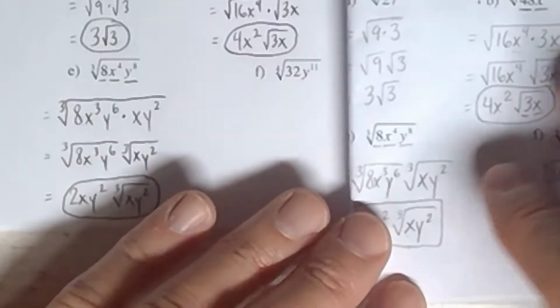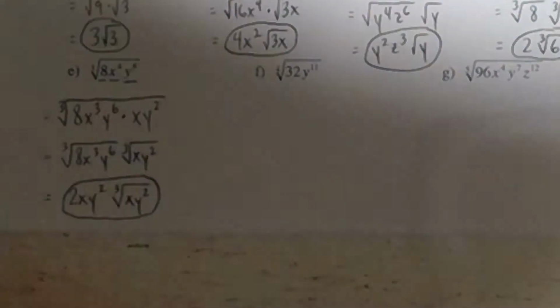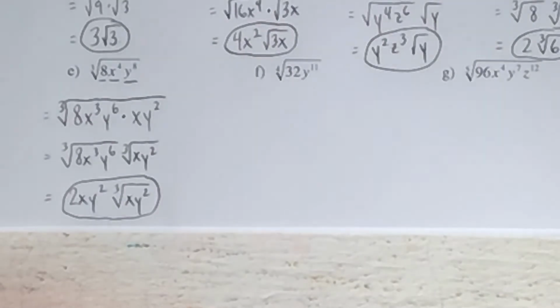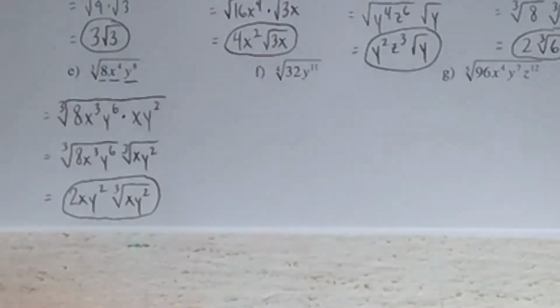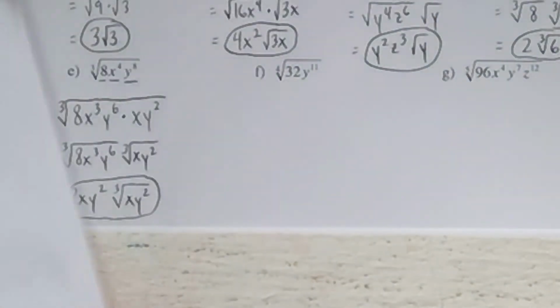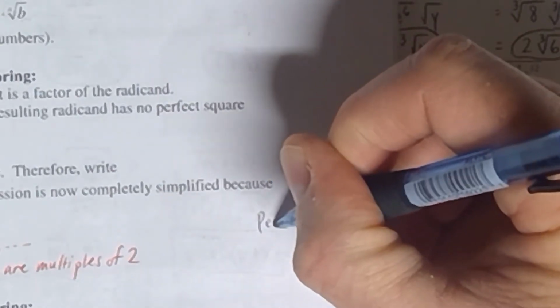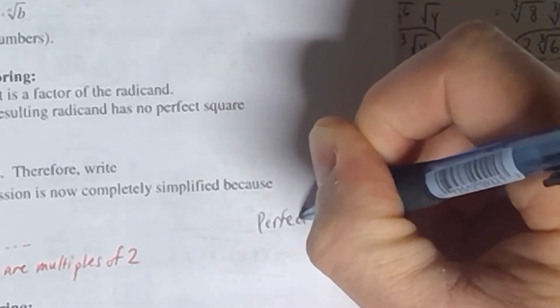Okay, continuing on. How about fourth roots? Let's talk about that for just a moment here. Don't look at the square list or the cube list when you have a fourth root, because that's not what it is. For the fourth root, we have what we call perfect fourth powers.